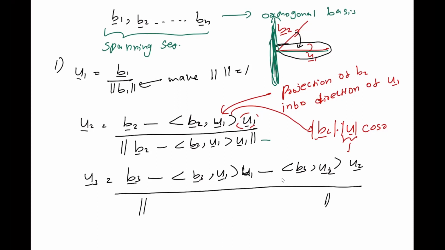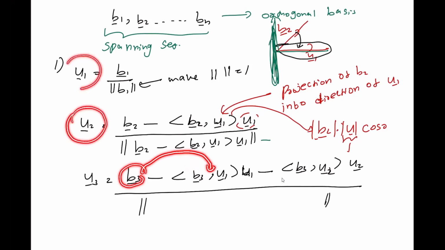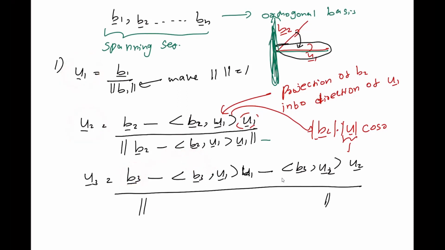In actual problems you get real numbers, and most probably you will deal with the Euclidean dot product, so you can easily solve that. But the thing is, you get a vector and reduce the projection of this vector onto the previously found orthonormal basis vectors. Sometimes this can result in 0, which is an indication that this B3 vector is dependent on previously added vectors.